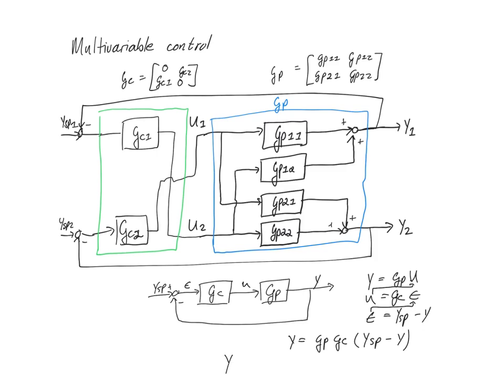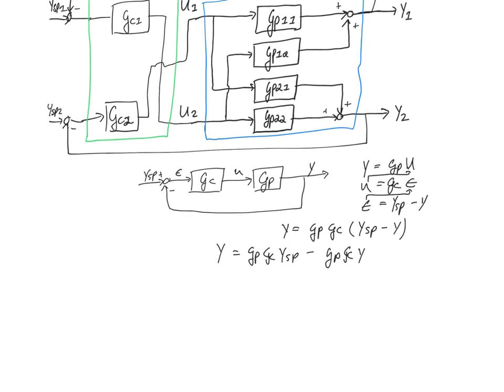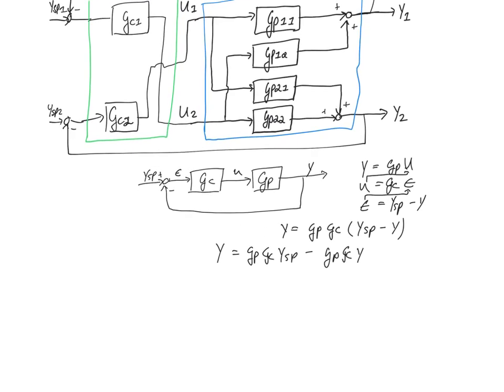So we'll end up with y is equal to gp gc ysp minus gp gc y. And when we rewrite that to be on the right hand side, now also keep in mind we're going to be very careful with sides. So we have y plus gp gc y is equal to gp gc ysp.